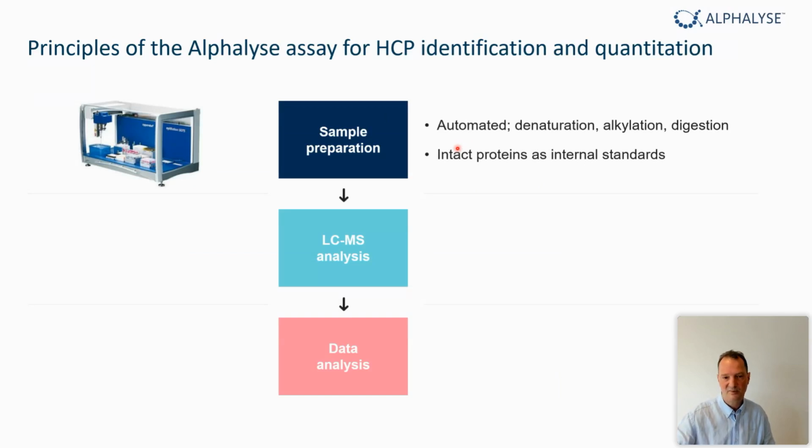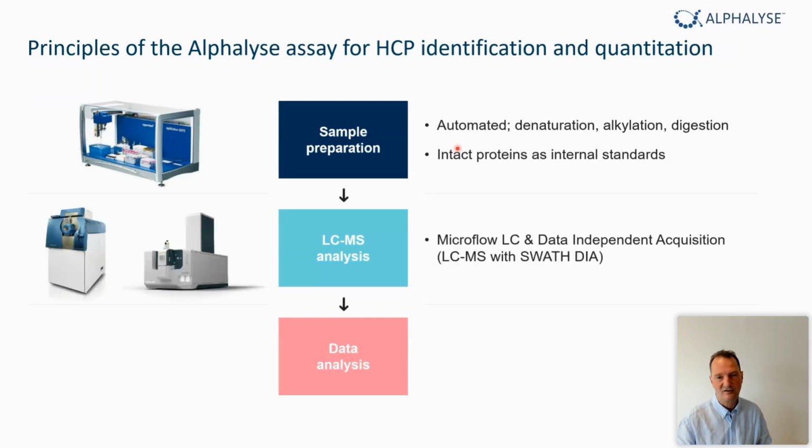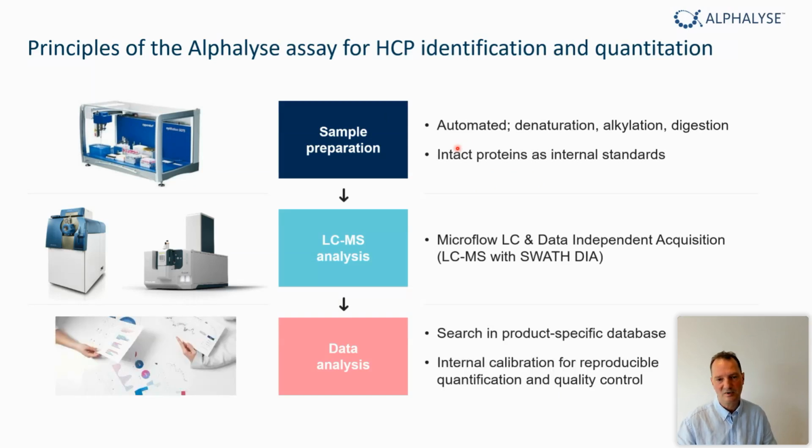Then we have an LC-MS analysis that's optimized for identifying and quantifying the low level of HCPs, even though we have high amounts of the drug substance. And the third step is a data analysis, where we do a database search to identify the proteins in the sample. For the data analysis, we set up a sequence database that contains the drug substance amino acid sequence and then all the theoretical proteins that could originate from the expression system.